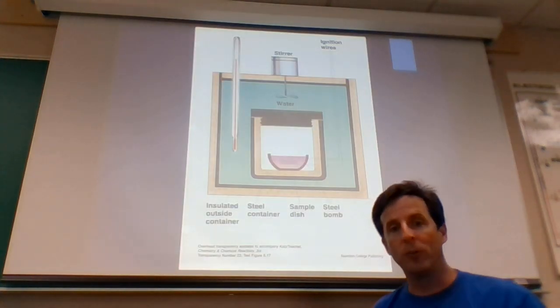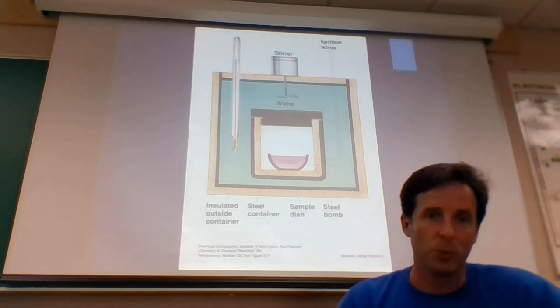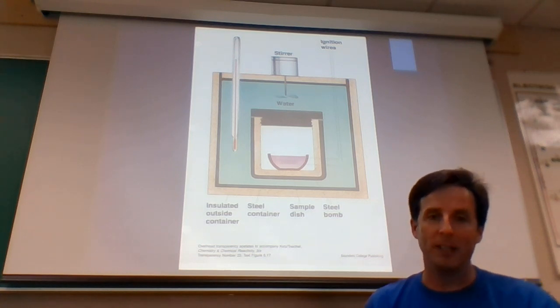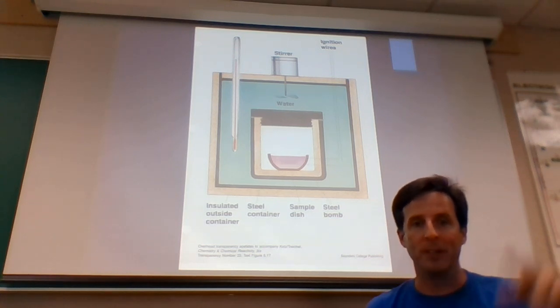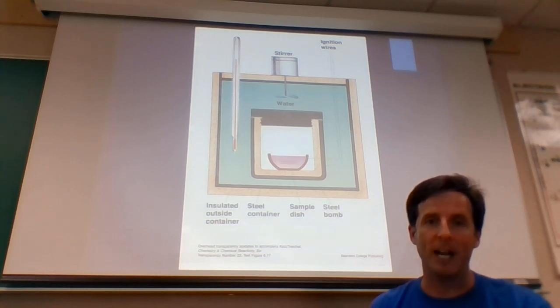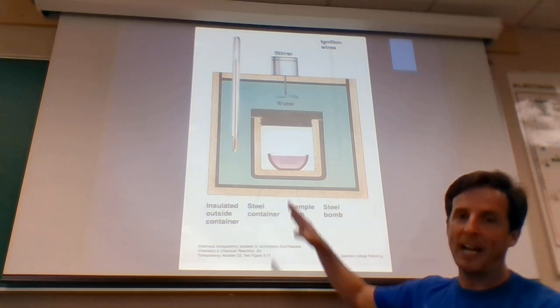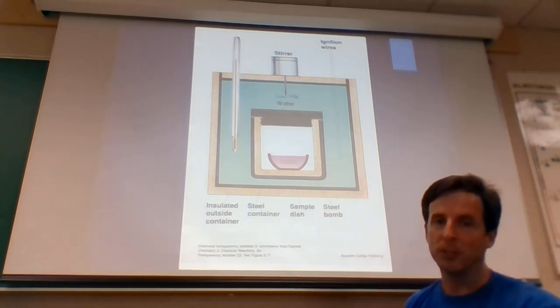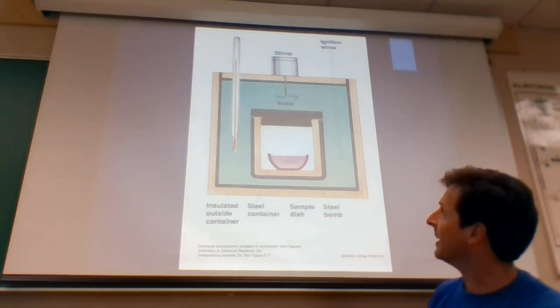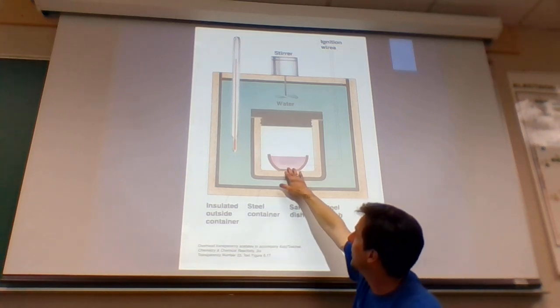So, if you go to a fancy Ivy League school that has lots of money, they have all kinds of endowments and grants and all kinds of stuff like that, they may be able to afford to buy you a really nice calorimeter like the one pictured. It's a container where you can do a chemical reaction in the container.